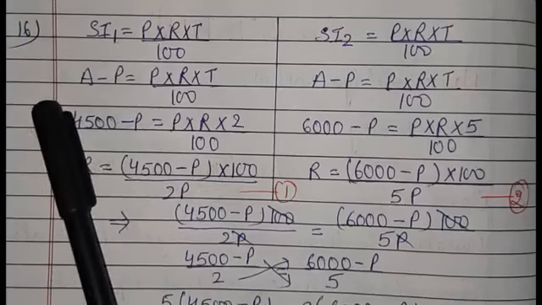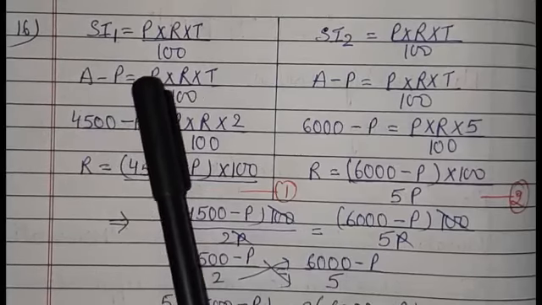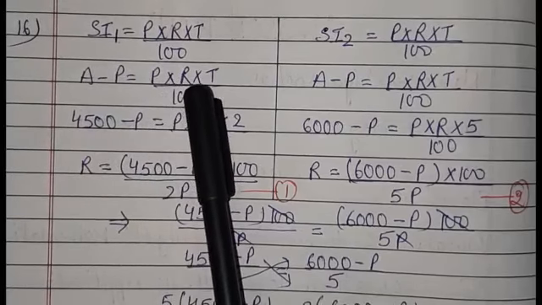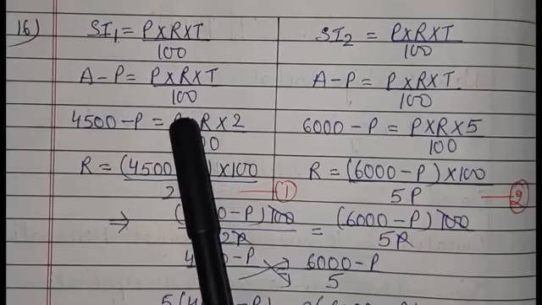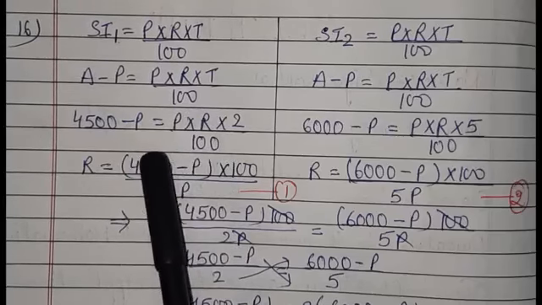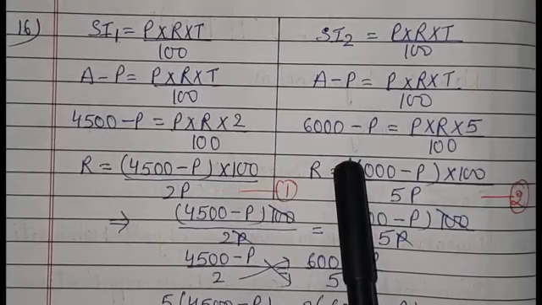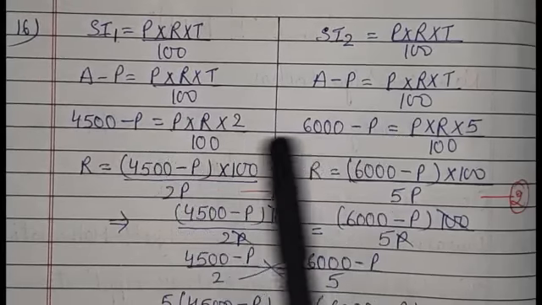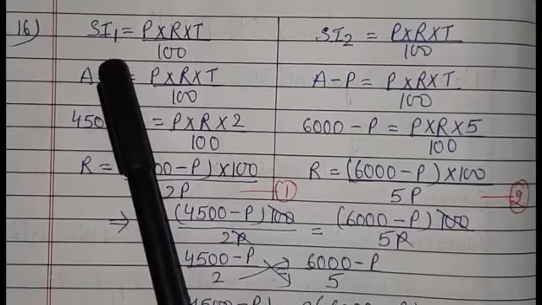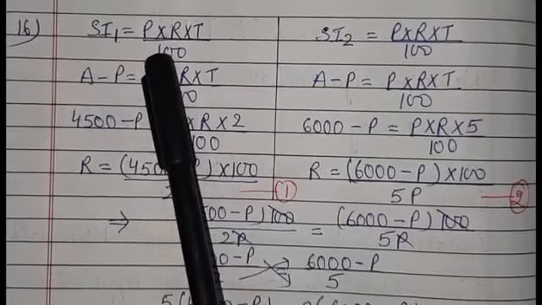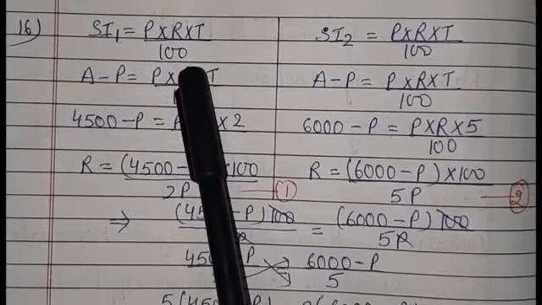Now sum number 16. A sum of money lent at simple interest amounts to rupees 4,500 in 2 years and 6,000 in 5 years. So again we have to make two equations here. Simple interest for first case is equals to P into R into T upon 100.